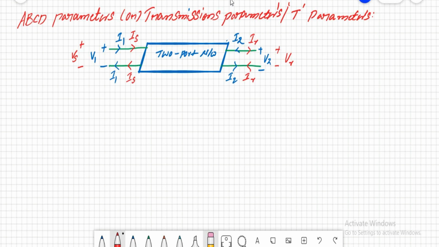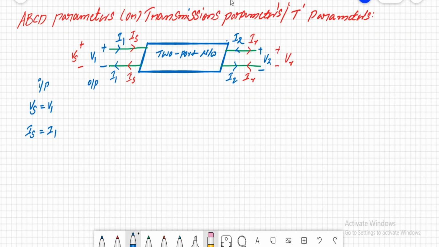If you observe here, Vs is exactly equal to V1. So out of the 4 variables, Vs is equal to V1 and IS is in the same direction as I1, so IS is equal to I1. This is for the input section. Let us see the output section.